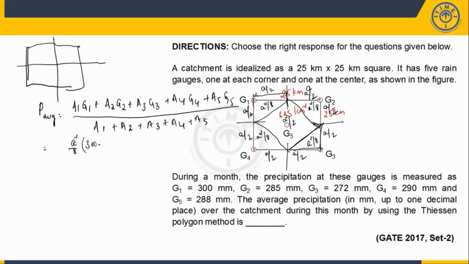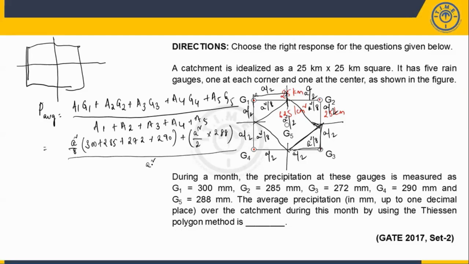So this becomes Z1 is 300, Z2 is 285, Z3 is 272, plus Z4 is 290, plus A5 is how much? A5 is A square by 2, into 288. Whole divided by total area is how much?